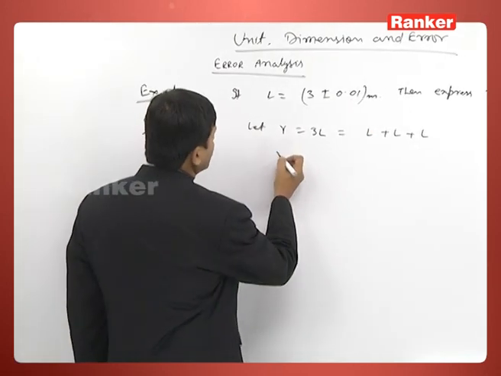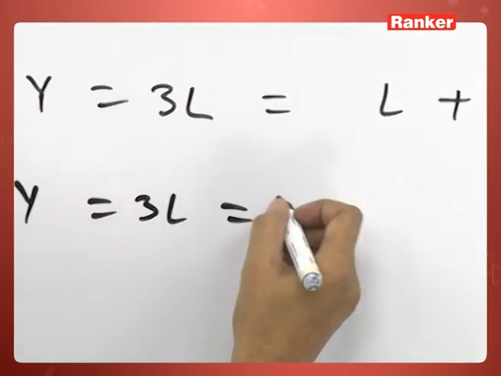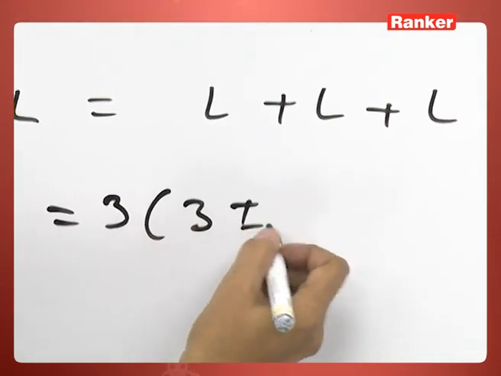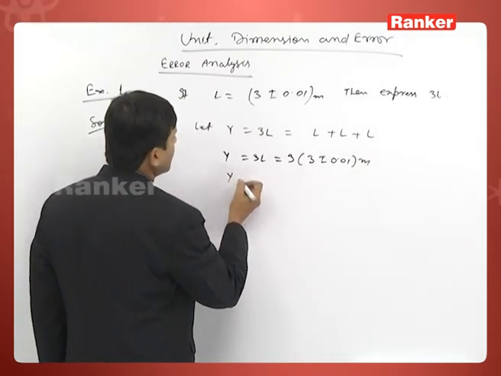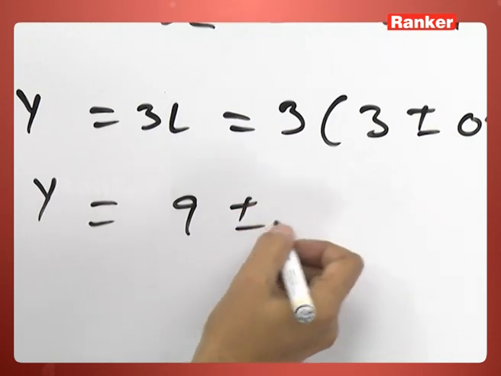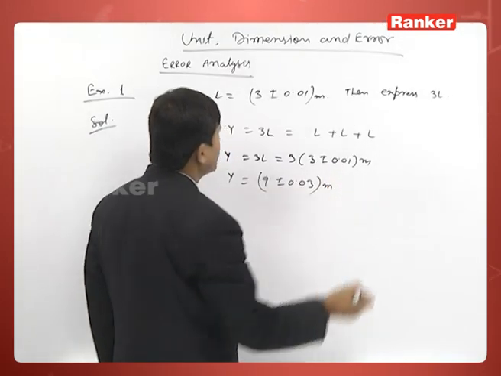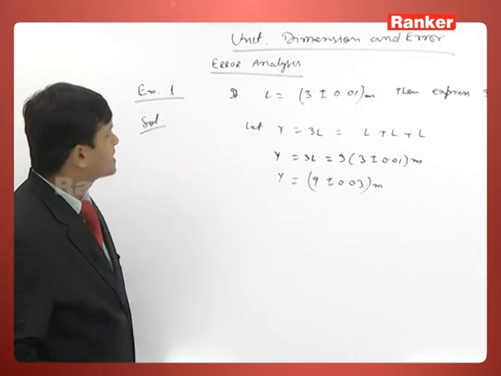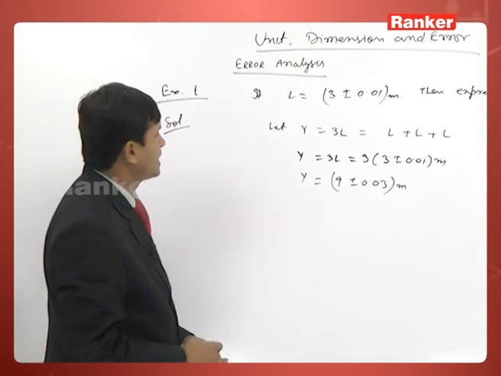So y, which is 3L, is equal to 3 times 3 plus minus 0.01 meter. So y will be here 9 plus minus 0.03 meter. In this manner we should express the value of y, which is equal to 3L.